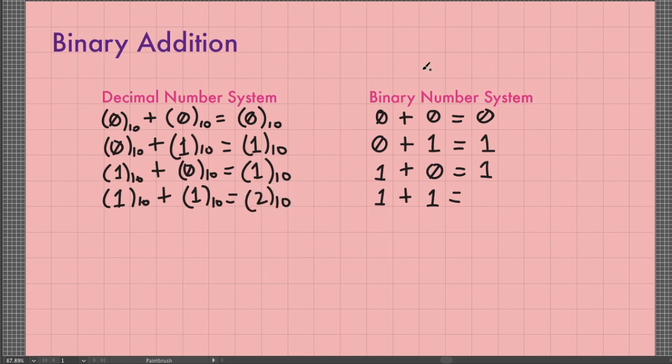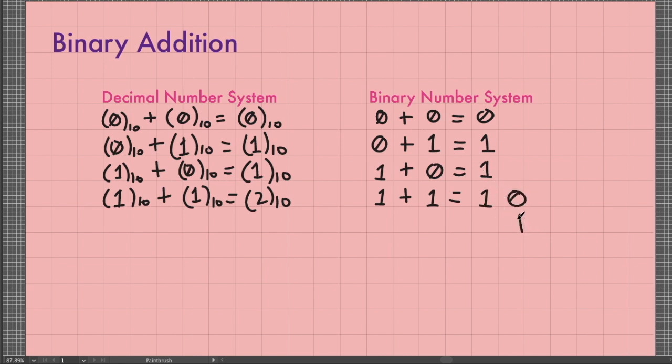However, in binary number system, this decimal number 2 is represented by 1, 0. Therefore, when bit 1 is added to bit 1, the result can be read as 1 plus 1 equals a sum of 0 with a carry of 1.